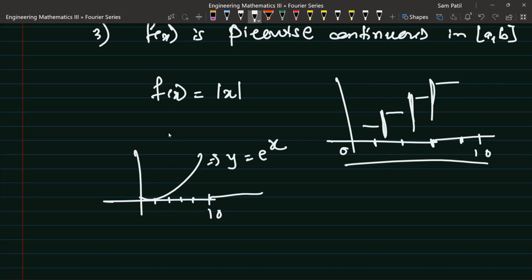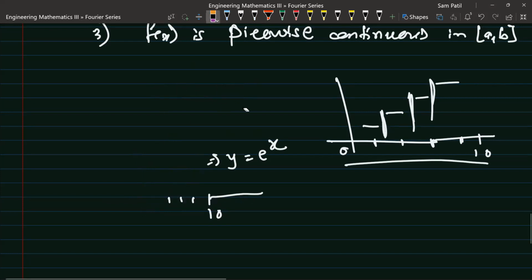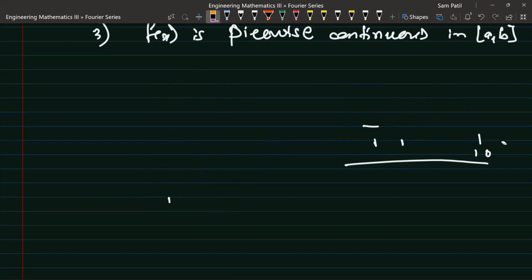It doesn't have any break or bend in that interval, so it is piecewise continuous. So this is the basic idea about this concept. I'm not going into detail about this. f(x) is piecewise continuous in [a, b], and f(x) has a finite number of maxima and minima.